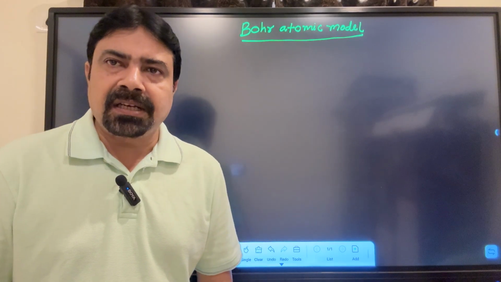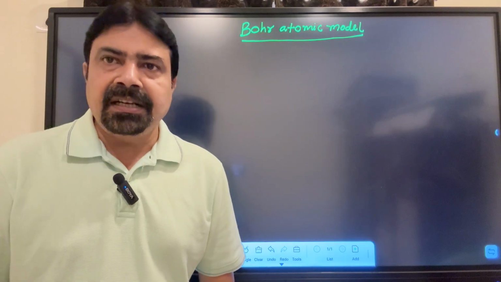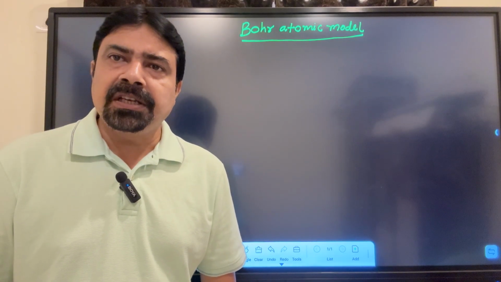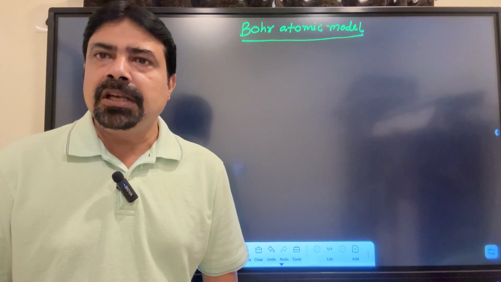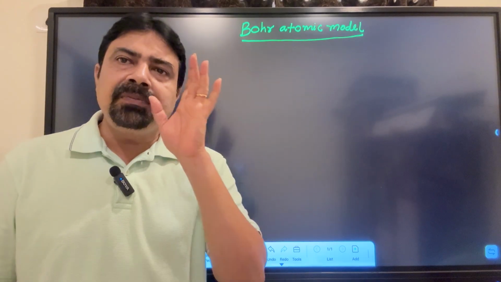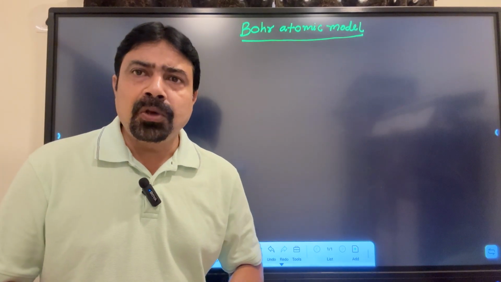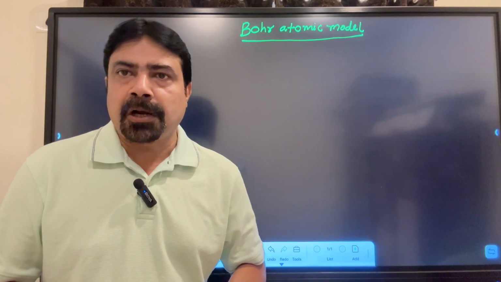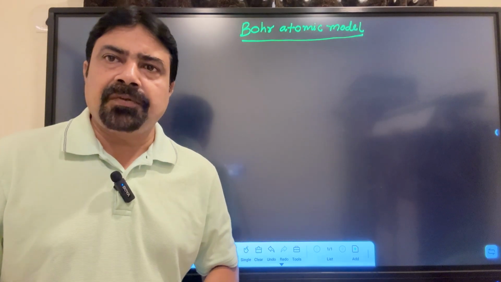When it loses its energy, its radius will become smaller, and ultimately it falls into the nucleus and the structure of atom will not exist. To overcome this, Niels Bohr in 1912 proposed his postulates for the structure of atom.